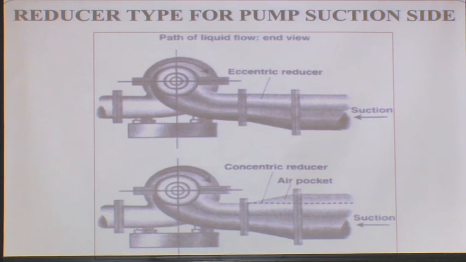So, between the pump discharge and the true suction, there is a two-step enlargement, not one. One is from this to that and one is from that to that, okay. And this is a mandatory thing. Without this, suction will be very bad, very erratic, very bad.